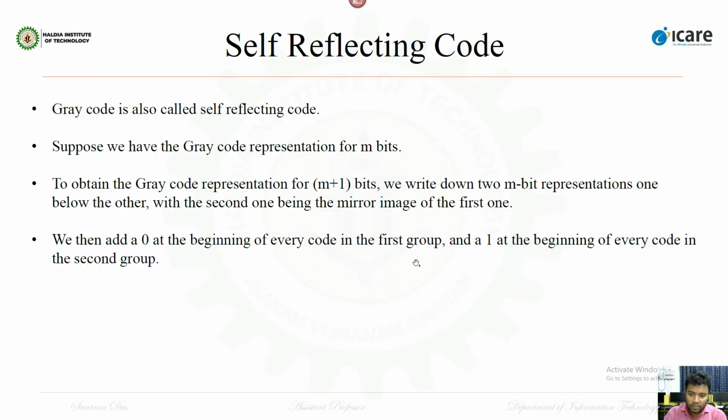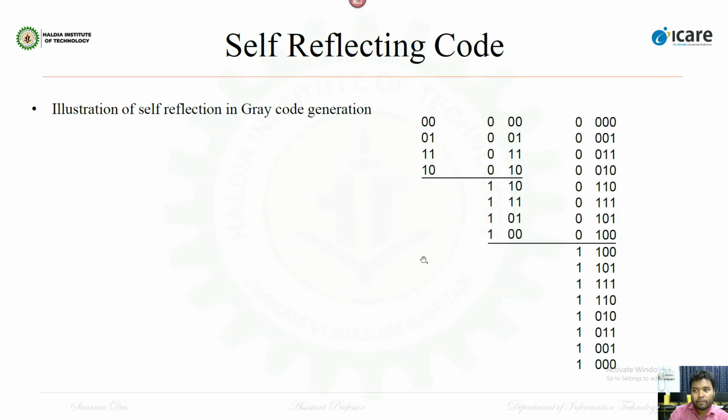I think you don't get it. Let's take an example. Here you can see that if we consider the 3-bit, then this part and this part are the same. It starts from 000 and ends at 100, and here it starts from 100 and ends at 000.